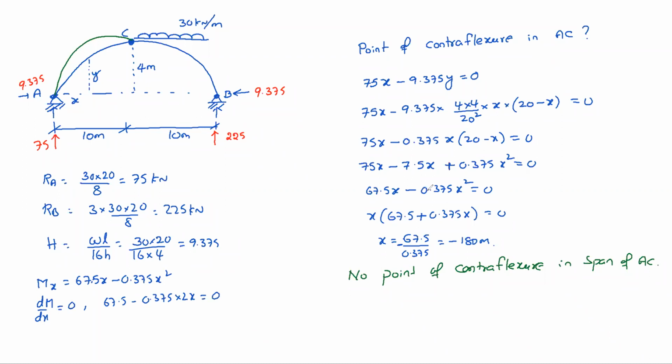Here also something is wrong. X will get negative only, right?